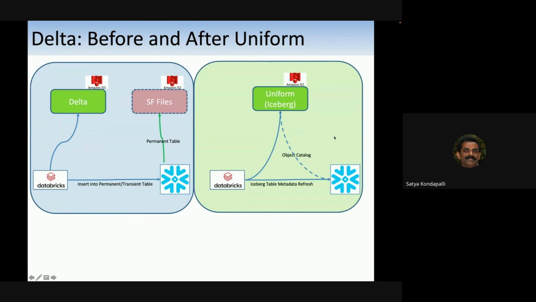Then you integrate that uniform table with the S3 object integration, and then Snowflake can read this table as is. So you have a customer table here, you have exactly same customer table here, right? So you can query customer table and you can insert, update. Now this is a solid line because it's doing insert update, and this is a dotted line. Snowflake can read all of the latest data.